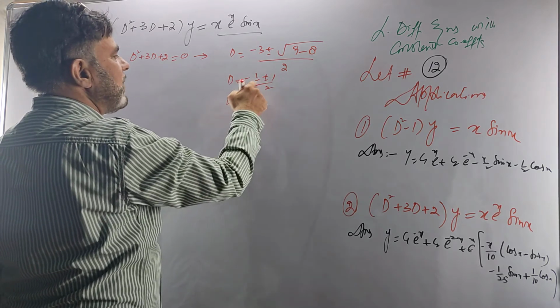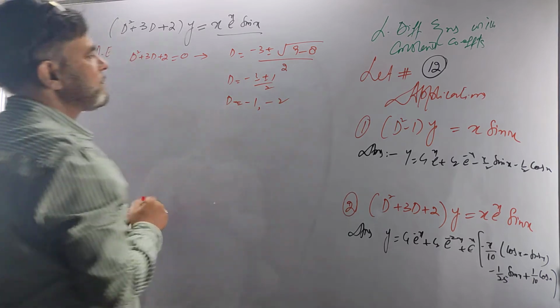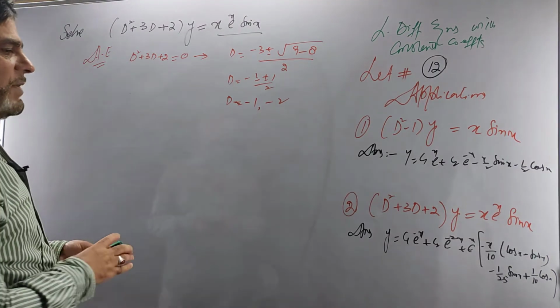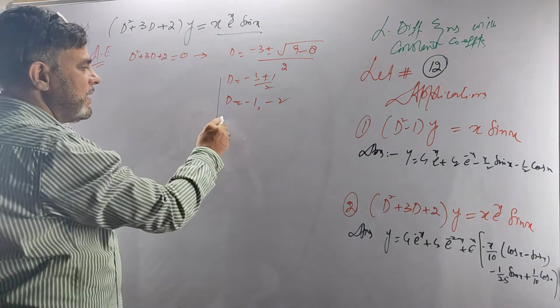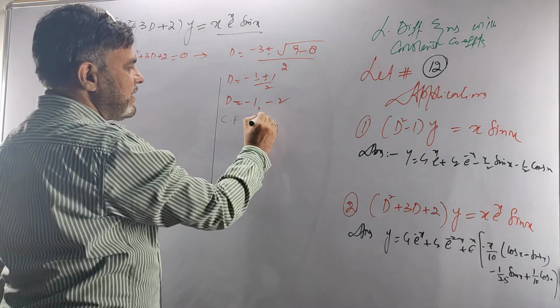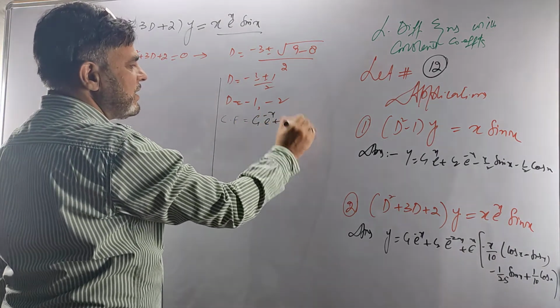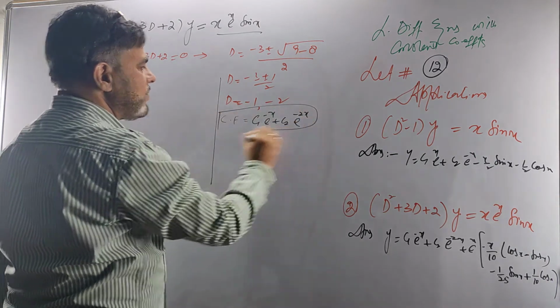That is D is equal to minus 3 plus 1, it is minus 1, and minus 2, minus 4 by 2. This is the value of D. Therefore, corresponding to these two values of D, you have the complementary function: c1 e raised to the power minus x plus c2 e raised to the power minus 2x. This is the complementary function.